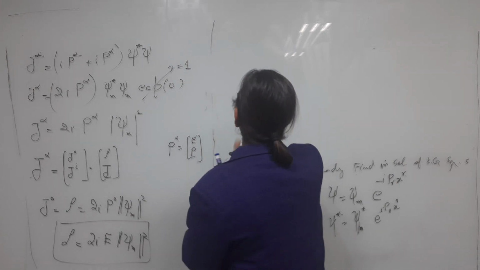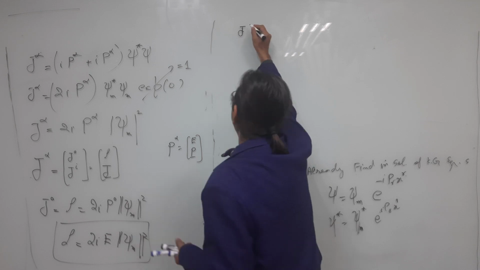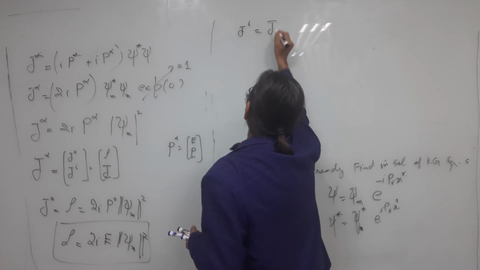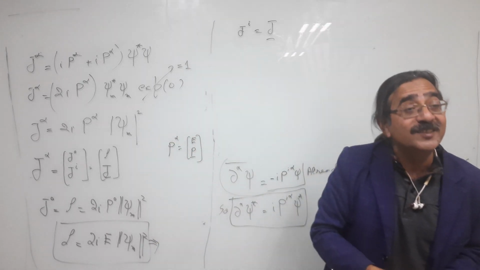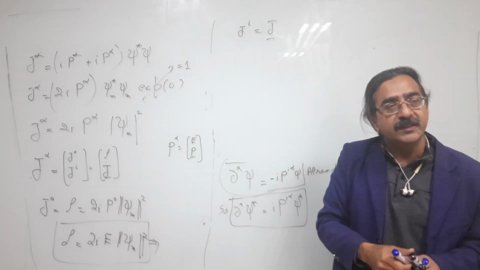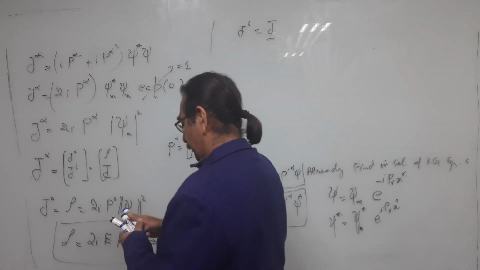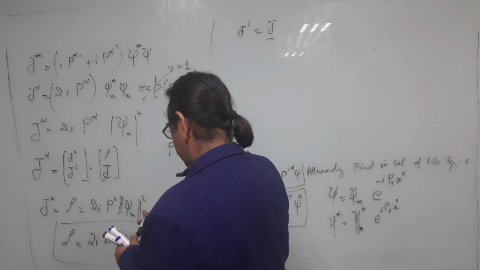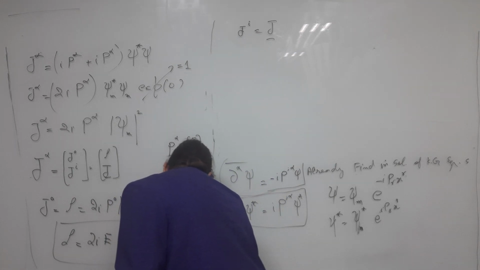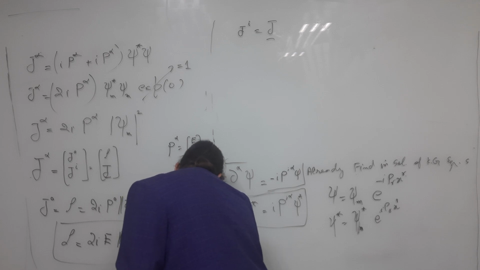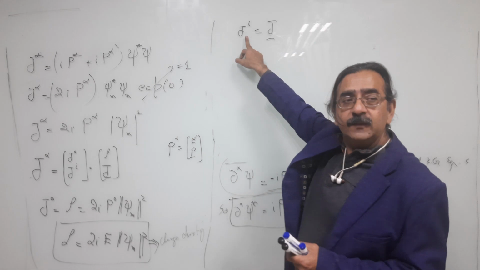And what is J? This is the charge density I have already defined in the Schrodinger wave equation. What is this J i?